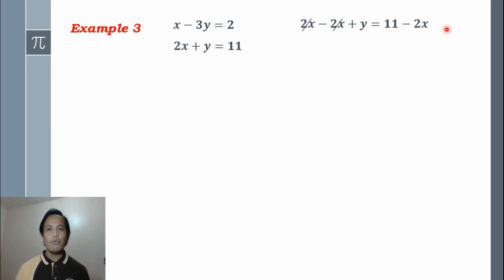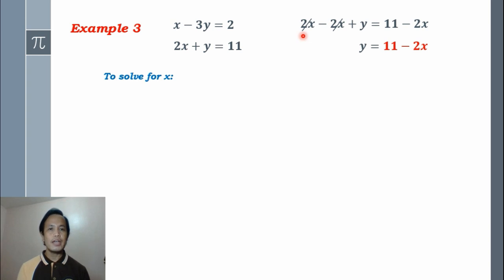So we can cancel out the 2x. What shall remain is y equals 11 minus 2x. This is now the initial value of y in terms of x, taken from equation 2.